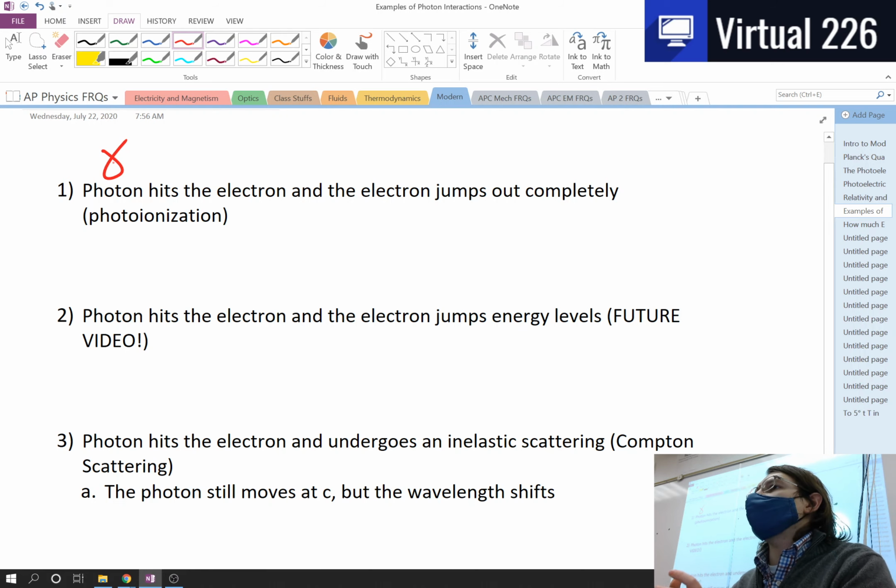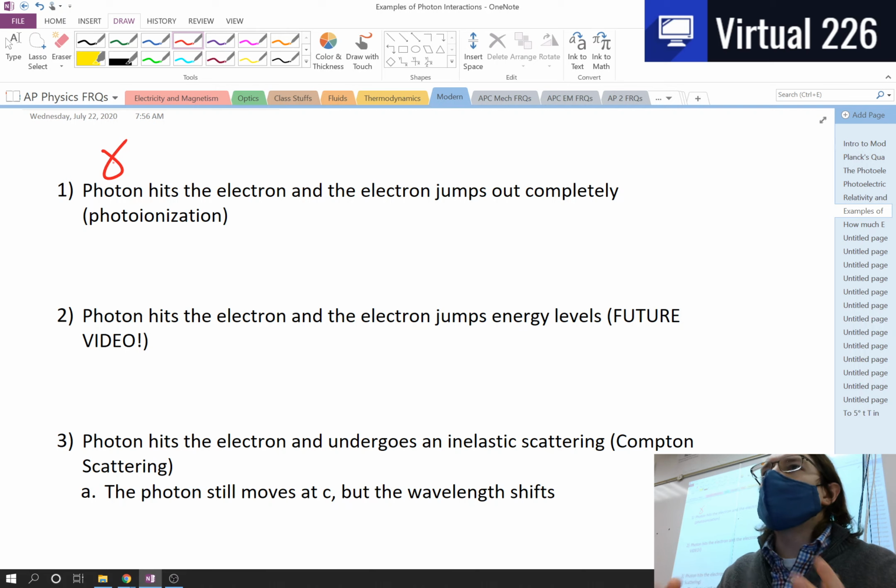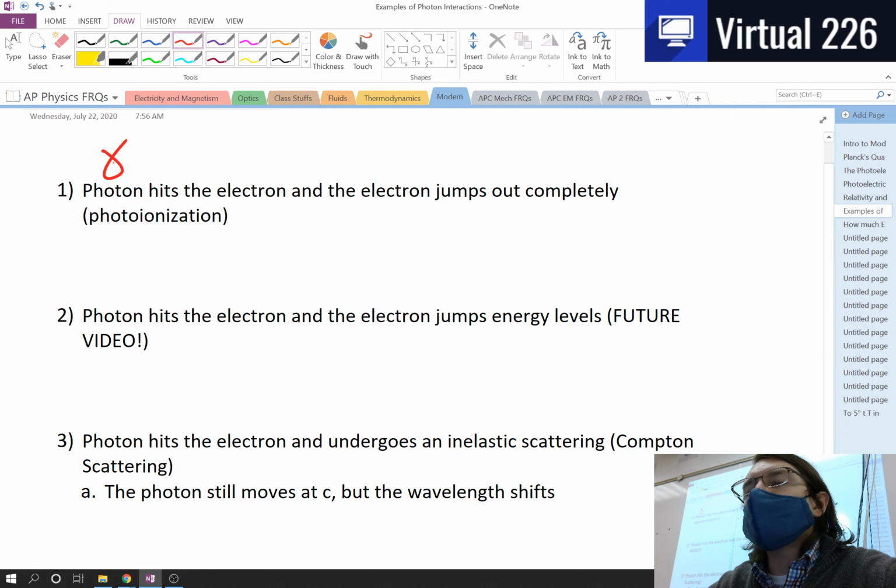Yes, I know, we just talked about how gamma is the Lorentz transform value, but we also use gammas to represent photons. But if a photon hits an electron, and the electron jumps out completely from whatever substance it was in, it is free. We call this photoionization. We've ionized that molecule with a photon.